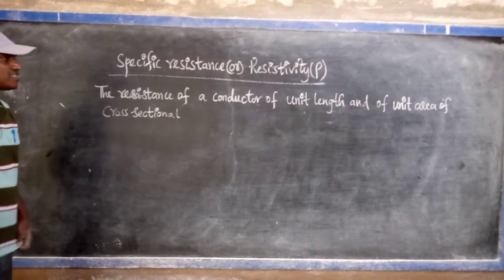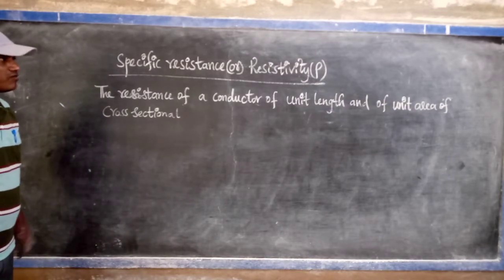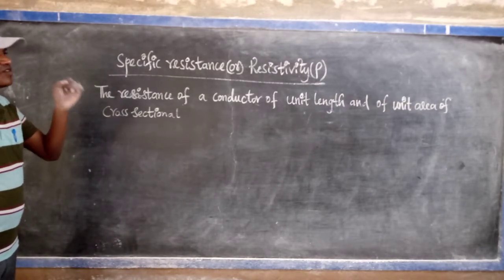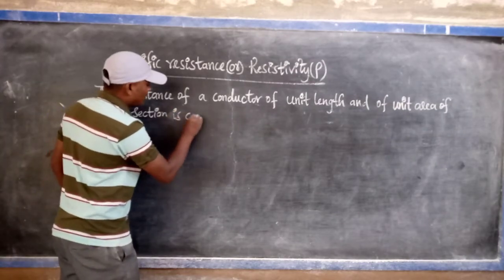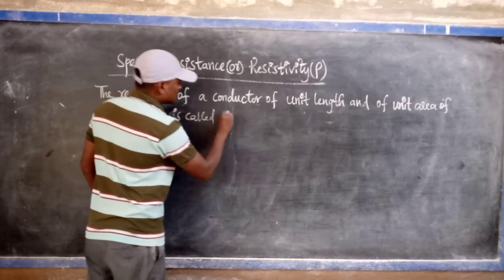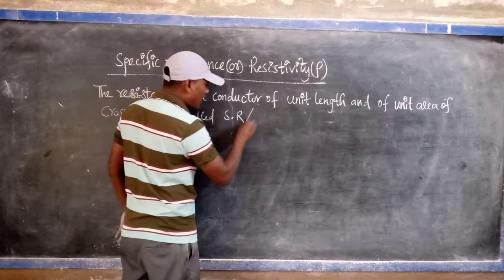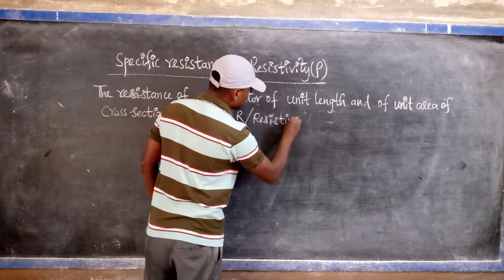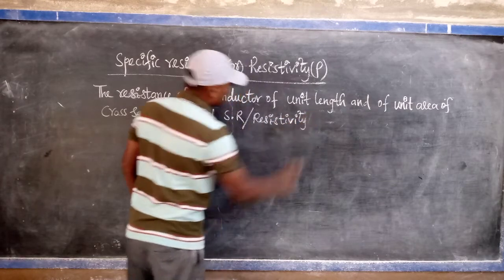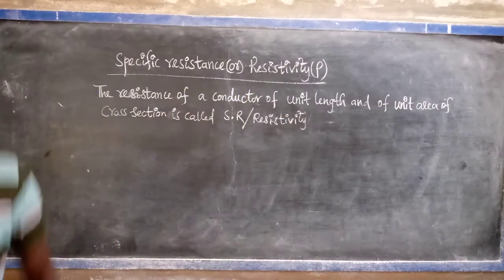The resistance of a conductor of unit length and unit area of cross section is called specific resistance or resistivity. It is given by the symbol rho.